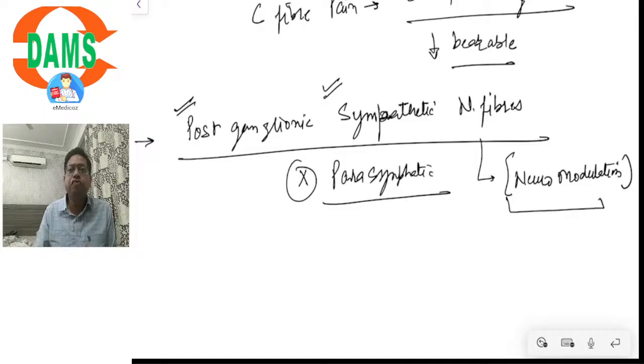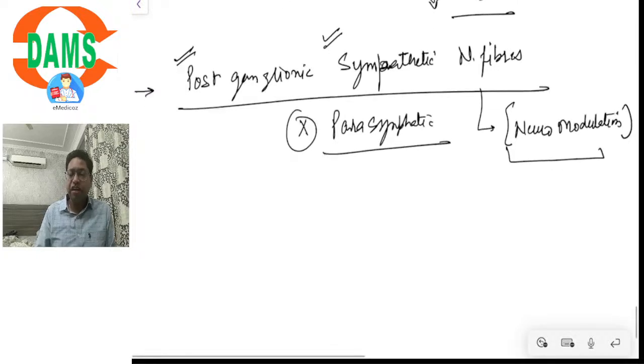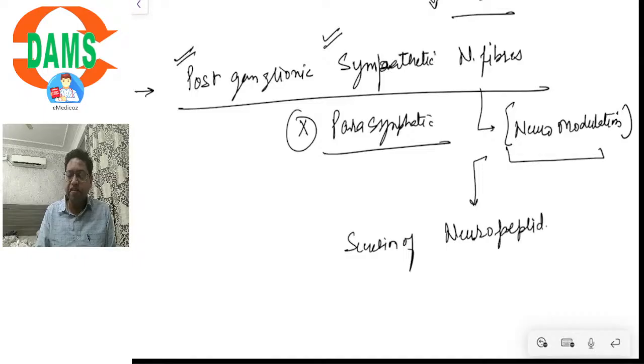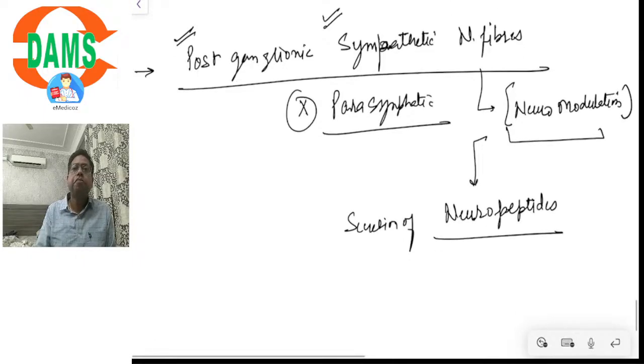The pulp does not move, but through postganglionic sympathetic nerve fibers, there is neuromodulation, and this happens by secretion of certain chemicals by these nerve fibers called neuropeptides. As the name indicates, nerve proteins.